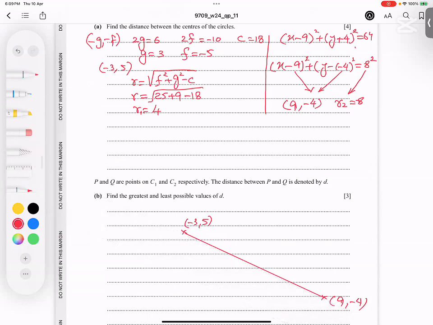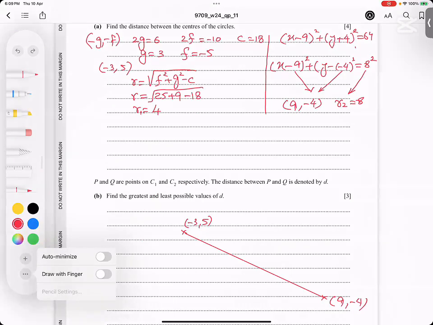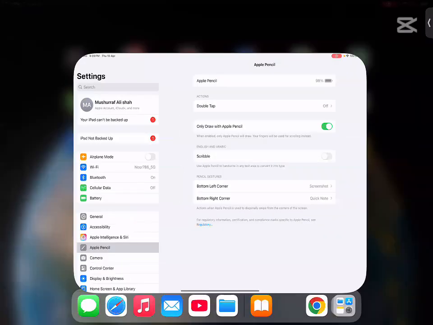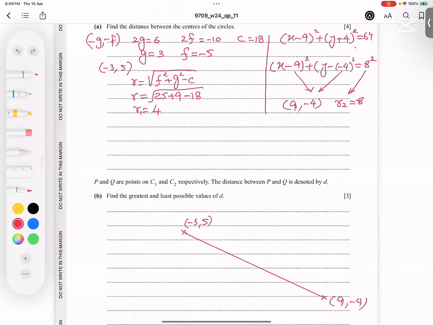And now I'm going to make 2 circles. Wait a minute. Just a minute. I have to go back and draw. Maybe it's not possible for me. Anyway, I'll try to make it. And this is the distance I want to find.